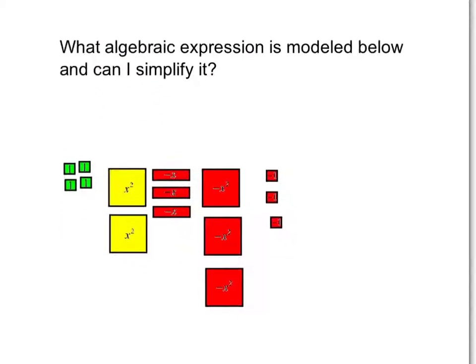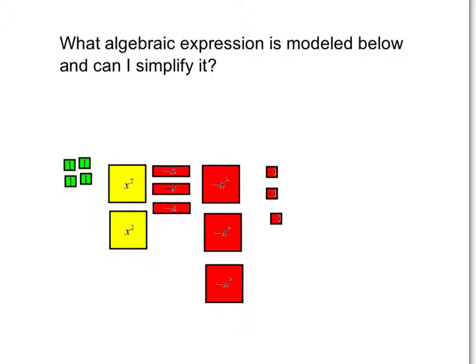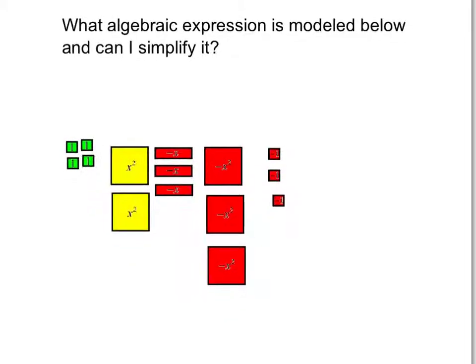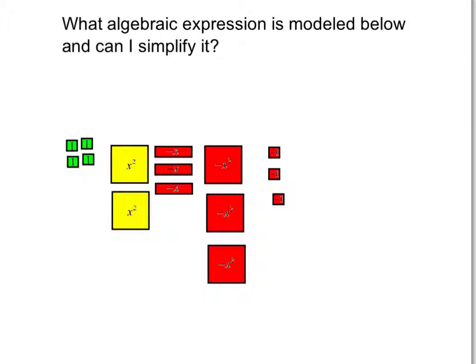So let's try to identify what this one would be. So what algebraic expression is it, and can I simplify it? I think you're going to realize the answer is yes. So the four green ones make a positive 4. The 2x squareds just is plus 2x squared.